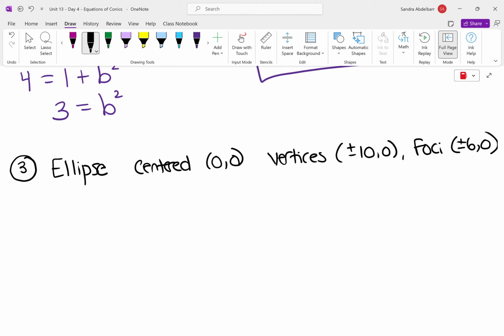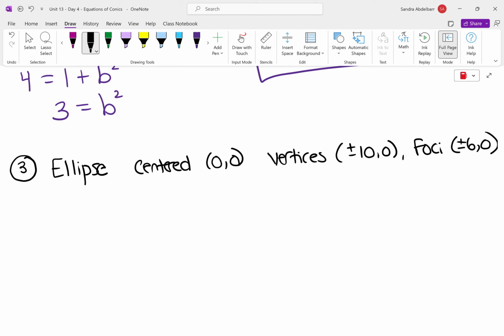Don't we have 2 kinds of ellipses? We have vertical ellipse and horizontal ellipse. So we have to decide, is this a horizontal or vertical ellipse? And how would we know? Layla? It's horizontal because the vertices and foci are on the x-axis.